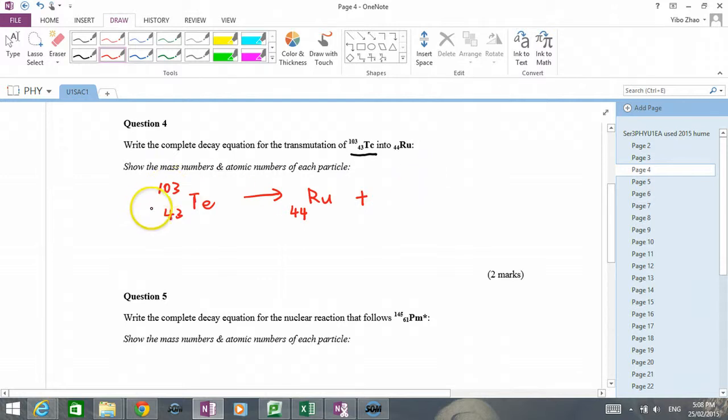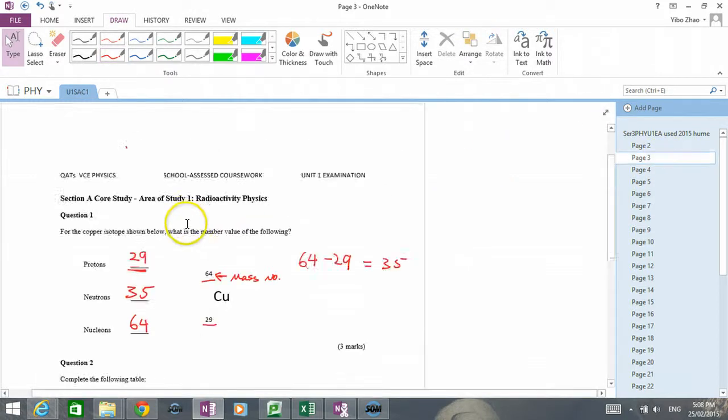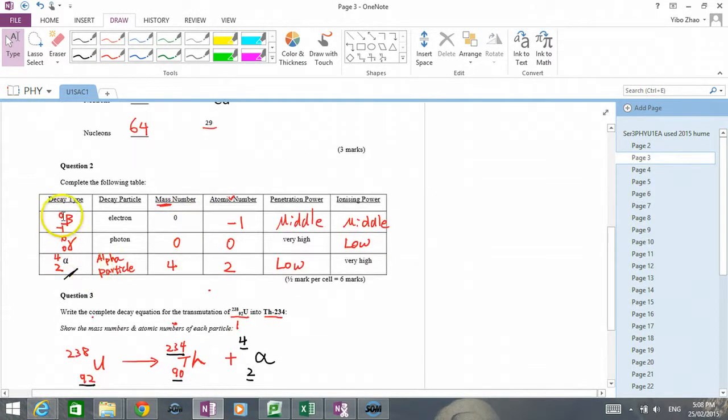Now, what I can say is that the atomic number before is the atomic number after. So the atomic number of the missing element must be -1, because 44 minus 1 gives me 43. And when the atomic number is -1, it must be a beta particle, an electron.